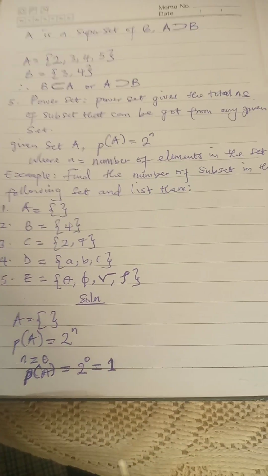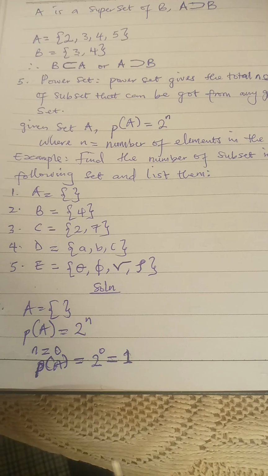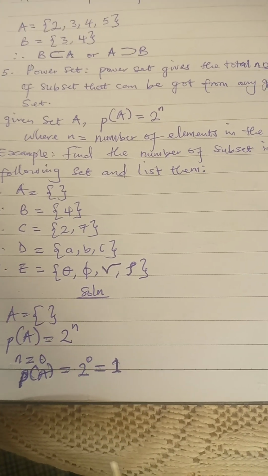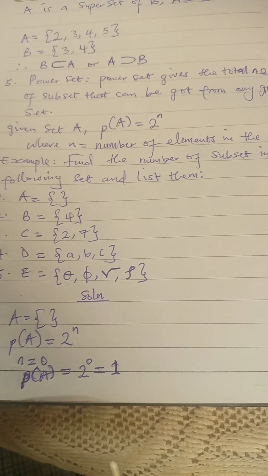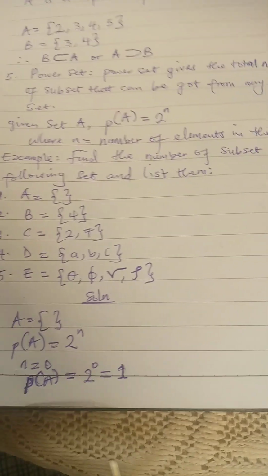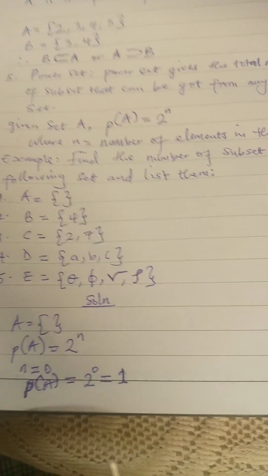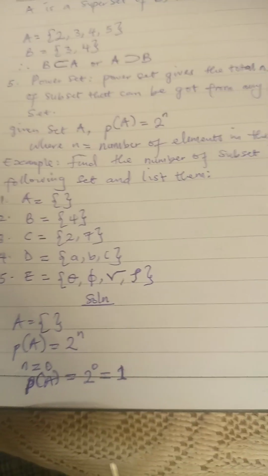Now let me explain this: if you are listing out a subset in the power set, you are going to start with an empty set, because an empty set is also a member of a given set.